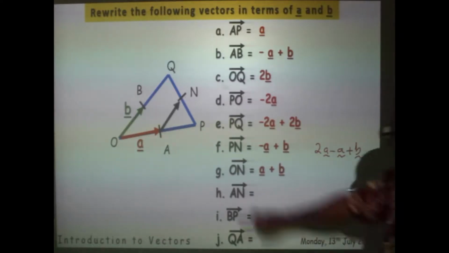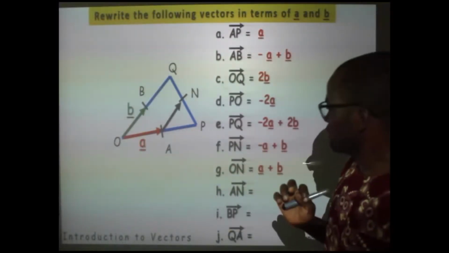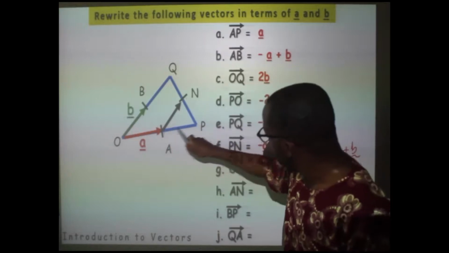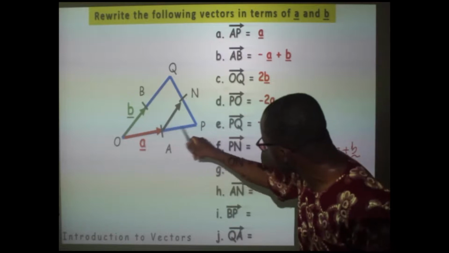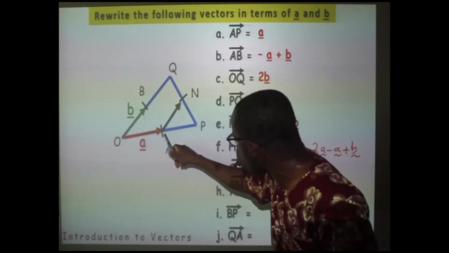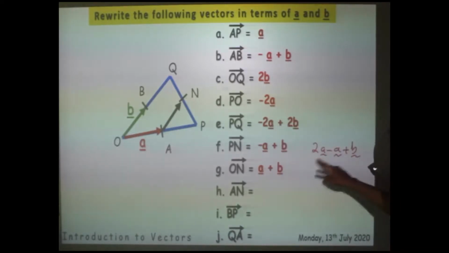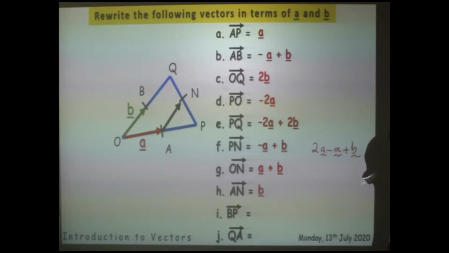Look at AN from there to there. Right, now AN, as you can see, AN will be AP plus PN. So you have AP, now remember AP is exactly the same as OA. So you have A plus PN. Now remember PN is minus A plus B. And when you do that, this is what you get.